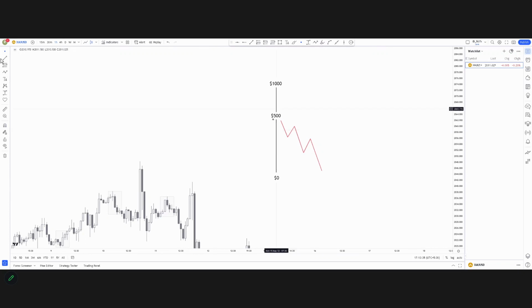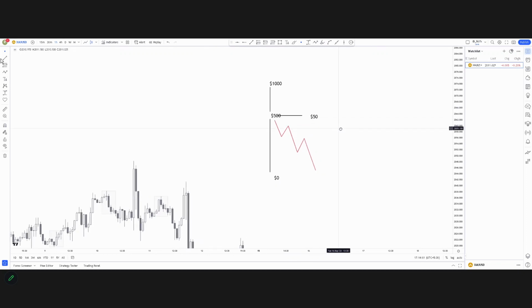Now let's say with this $500 you made 10%. What is 10%? Yes, $50. So when you make $50, you withdraw $40 and leave 2%.